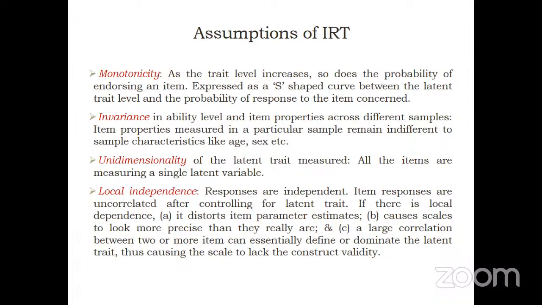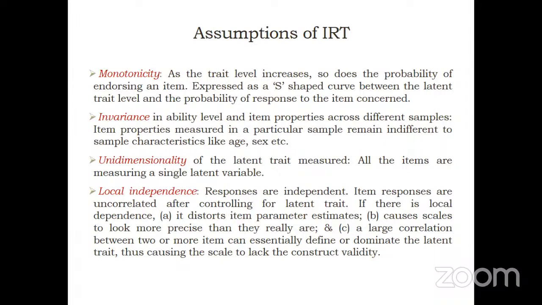You can do either, but multi-dimensional IRT is much more complicated. So it is better to fit the IRT model on one single dimension at a time. Otherwise you will be violating the assumptions of IRT and you will have erroneous results.